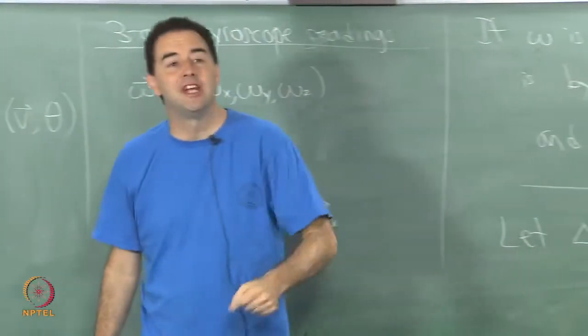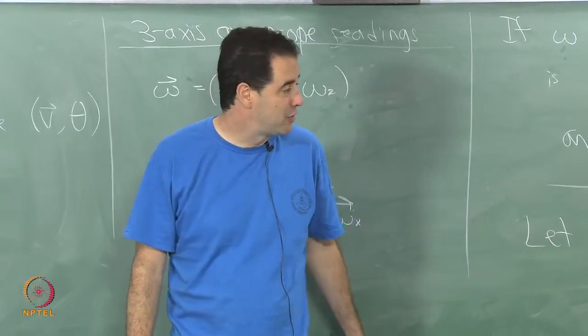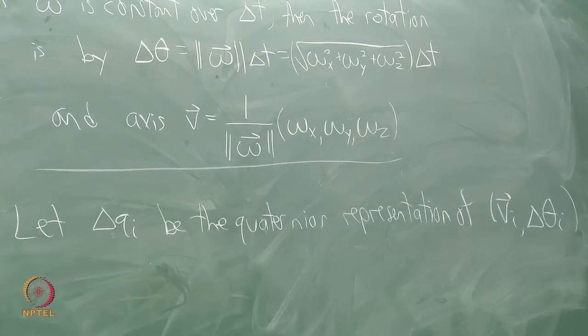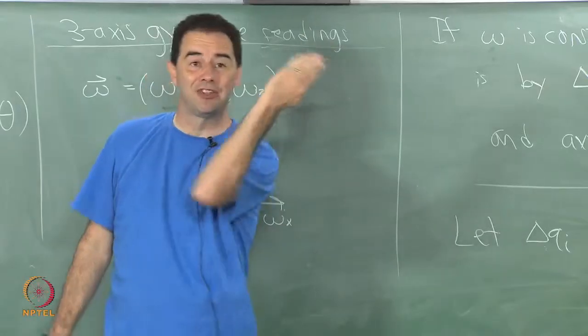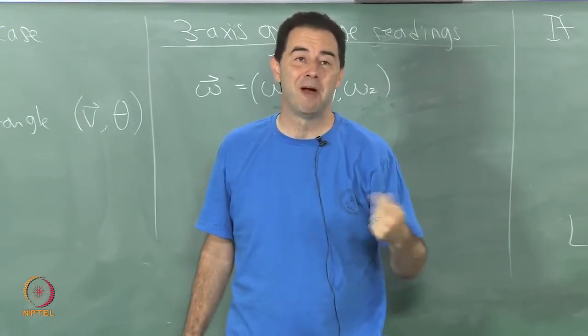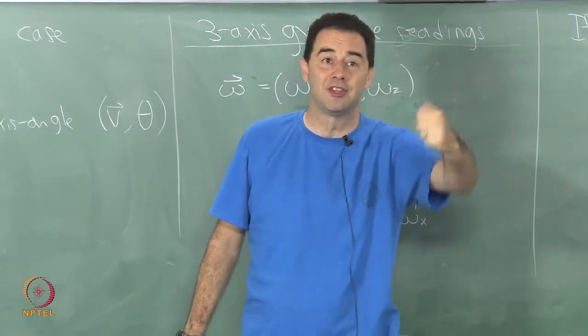Is that all right? So in the 2D case, I was just happy talking about delta theta sub i. Now I have to talk about some axis v sub i in addition to delta theta. Does that make sense? Because in 3D, it's the axis that we have to recover in addition to just the amount of rotation, right? So the amount of rotation, radians per second, we're trying to estimate that, but we also have to keep track of this axis.